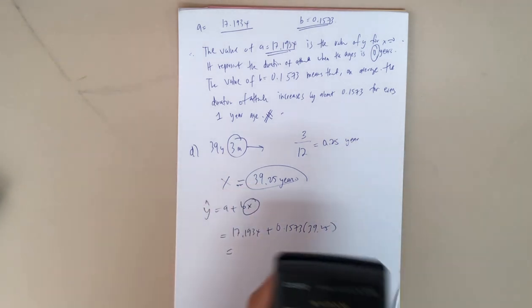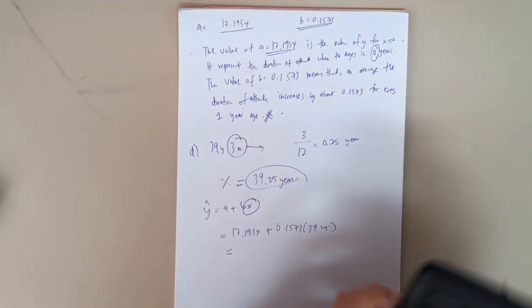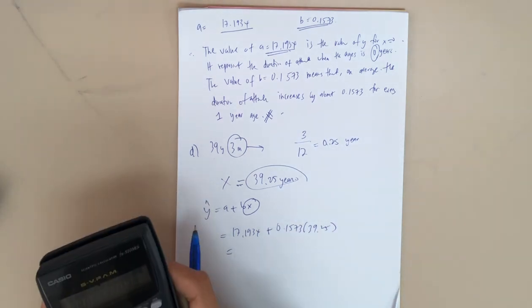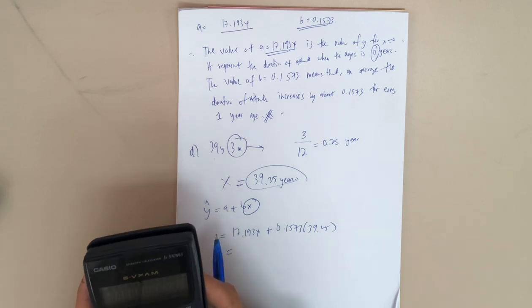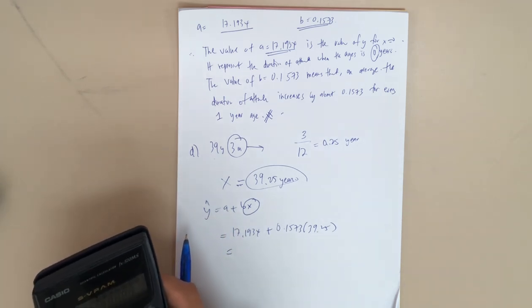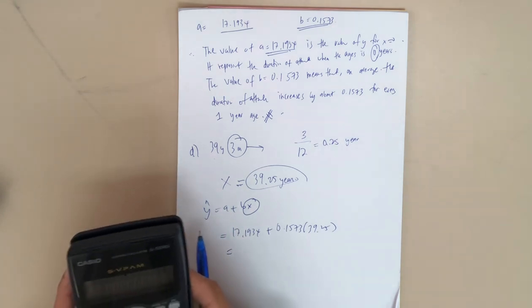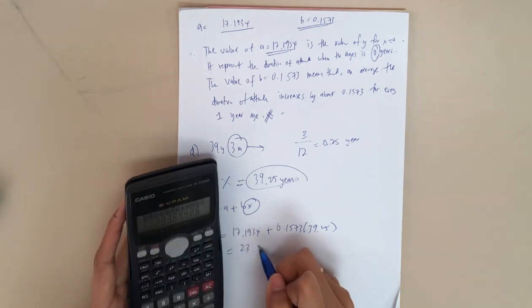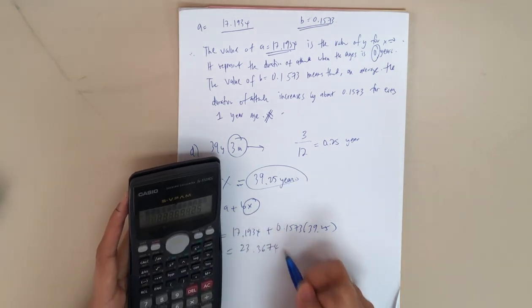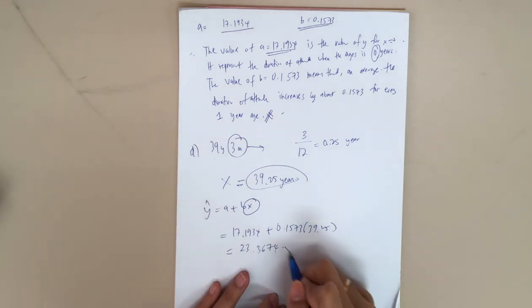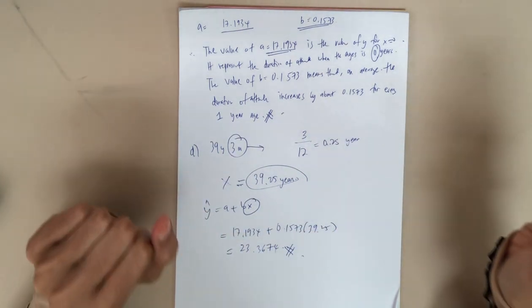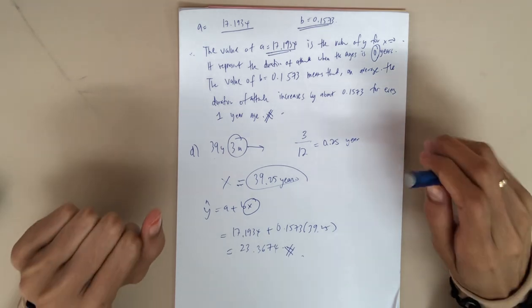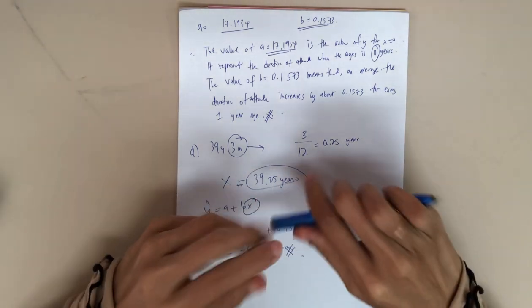You get 0.1573 times 39.25, plus 17.1934. So it is around 23.3764. So that is about the regression, or least squares method.